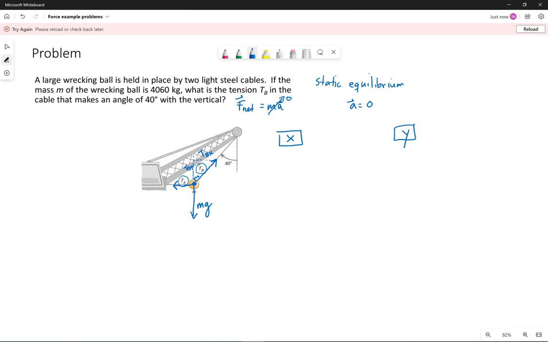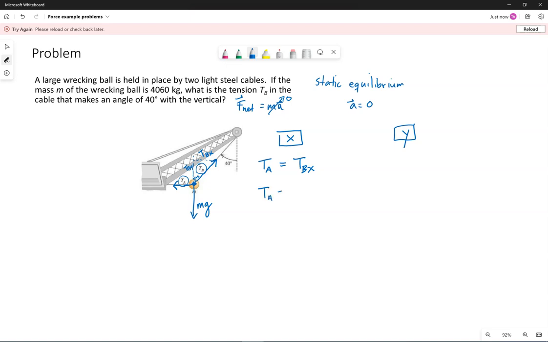In the x direction, cable A pulls to the left, but that needs to be balanced by the x component of B's pull. Right? The wrecking ball is not moving, it's not going anywhere, so there's no acceleration. So the x components need to equal each other.